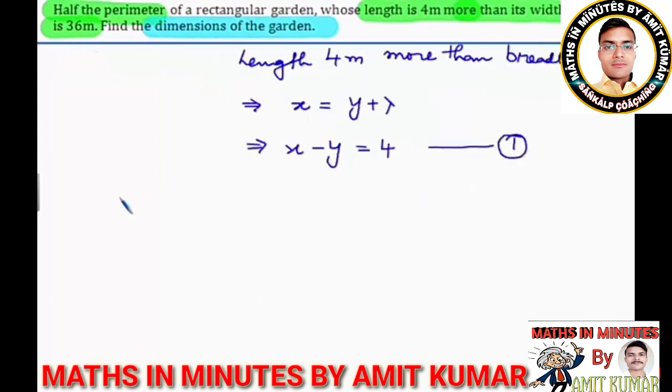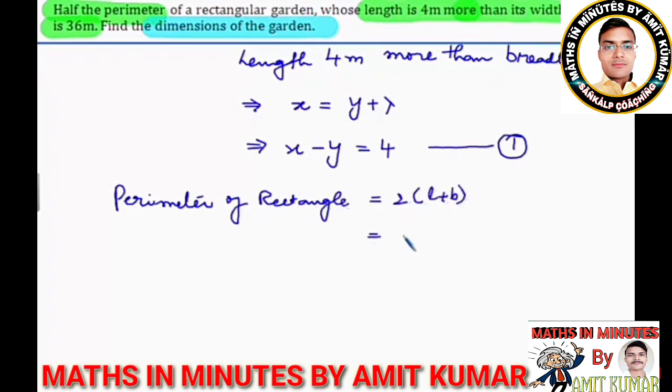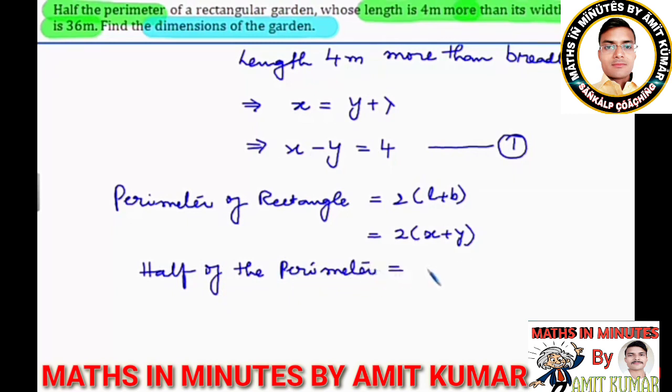Now let's move to the second condition, which is saying perimeter of rectangular field is 2 multiply length plus breadth, which is length is x and breadth is y, which is equal to half of the perimeter, 36 meter.